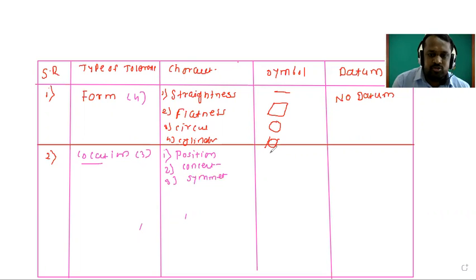The symbol for position will be like this, for concentricity like this, and for symmetricity like this.